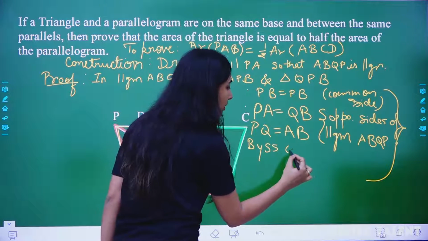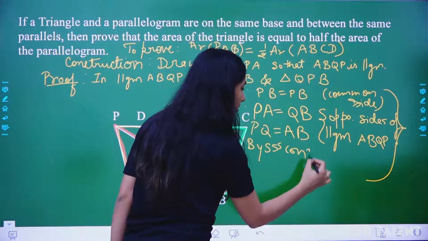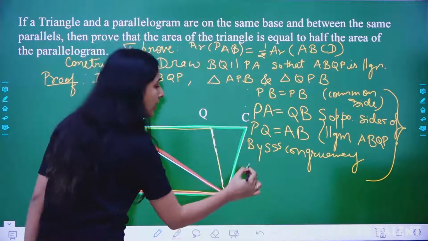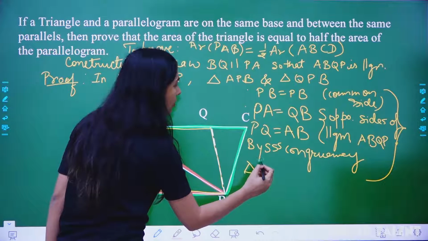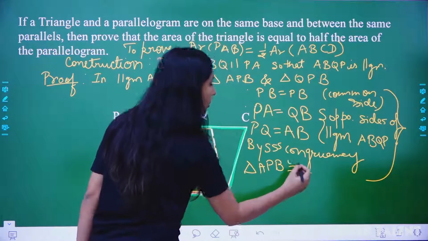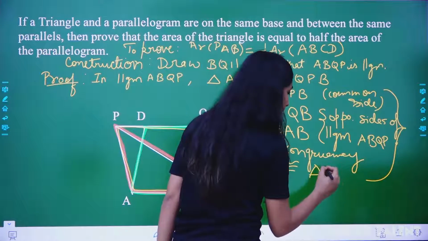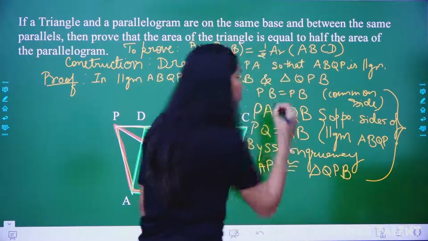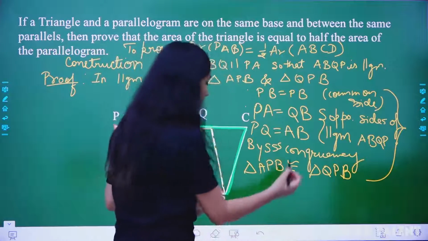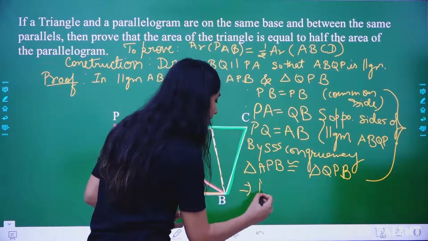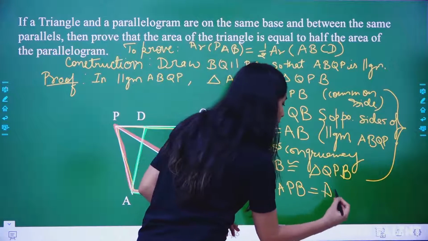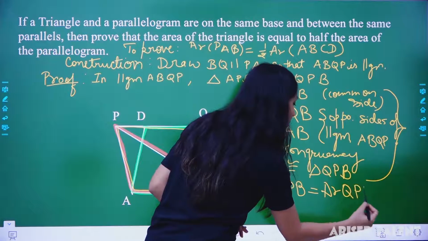Okay, so we can say that by SSS congruency, we'll be having not area but triangle APB is congruent to triangle QPB. If these two are congruent between them, then we can say that simply area of APB is equal to area of QPB.